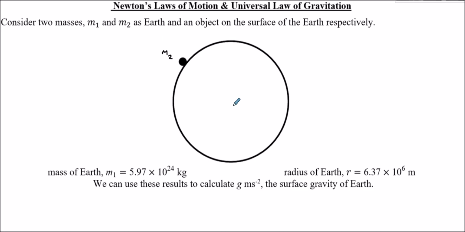If I have the centre of the Earth here, the force due to gravity, the weight of M2, will act directly towards the centre of the Earth like so. The weight of any object is given by mass multiplied by gravitational field strength. So this is going to be M2g.